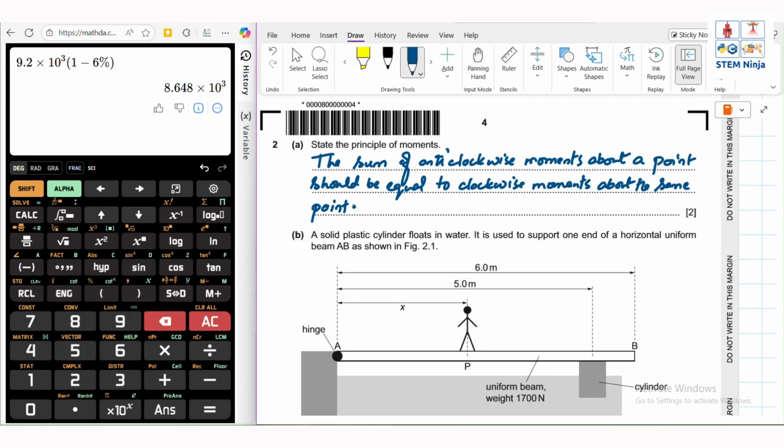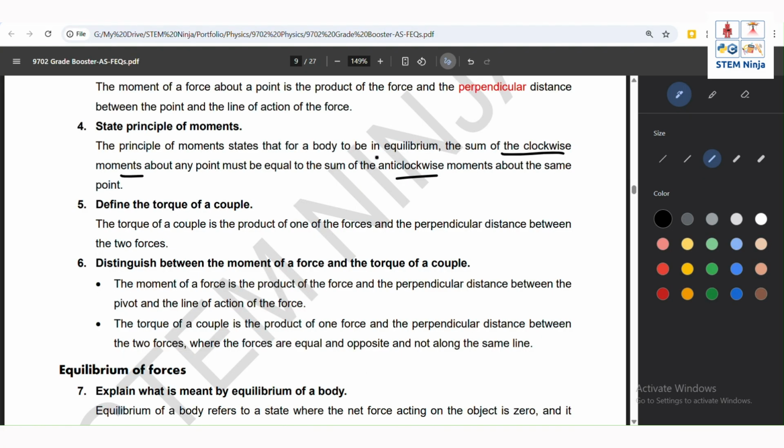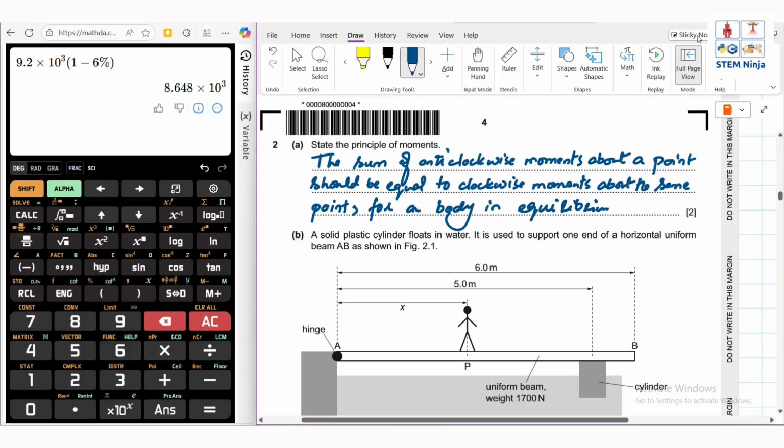And when does this apply? For a body in equilibrium, or rotational equilibrium, you could also say. So basically, for a body to be in equilibrium, or rotational equilibrium also.